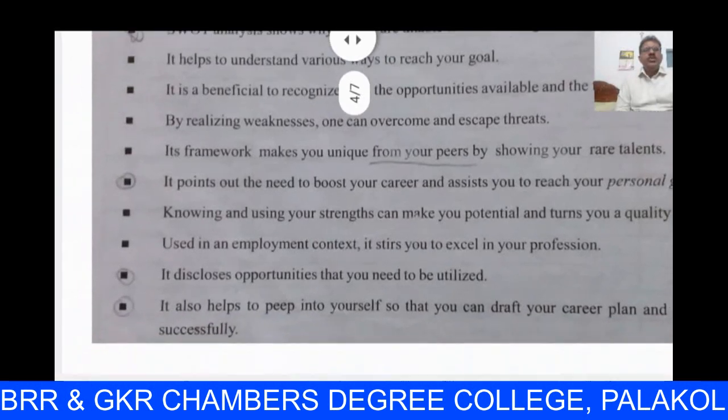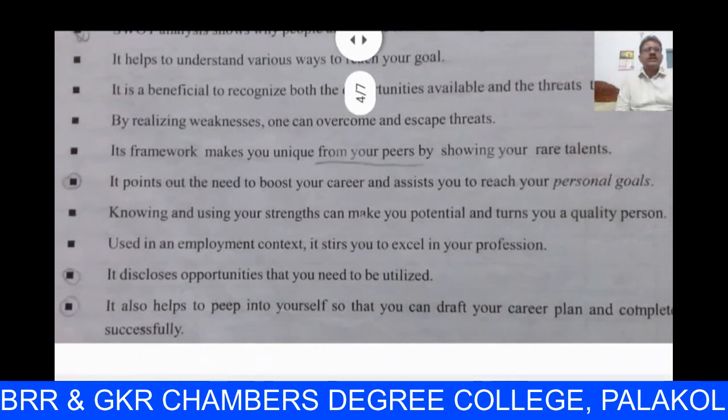There are so many important things or advantages to knowing the SWOT and SWOC analysis. It is also helpful to peep into yourself. It is the main point, the important thing. Peeping into yourself means looking at yourself, examining yourself.